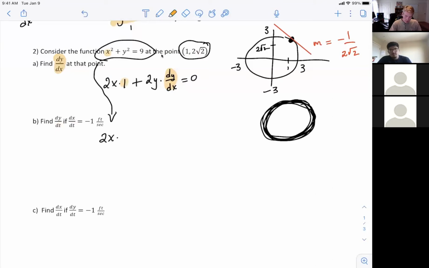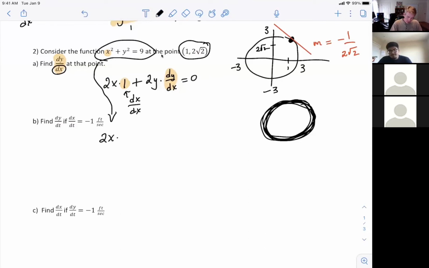Well, when I did it before, it was a 1 because I was taking the derivative with respect to x. So technically this one was take the derivative of x with respect to x, and then dx divided by dx, that's equal to 1.